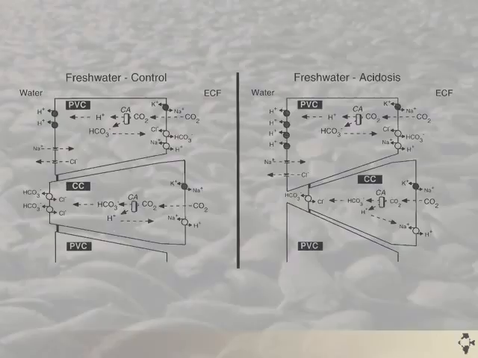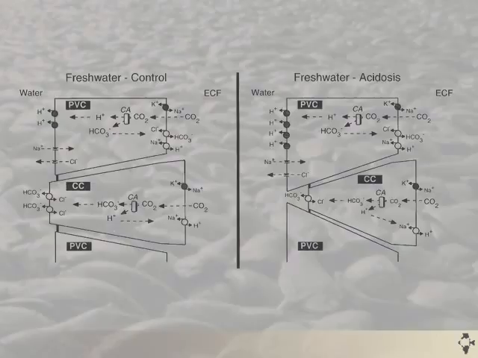So under normal conditions, again, on the left-hand side, you have CO2 being produced through the actions of carbonic anhydrase. That's going to be converted to hydrogen ions and bicarbonate ions, and the hydrogen ions are going to be then actively exported to the environment using those hydrogen-sodium ATPase pumps.